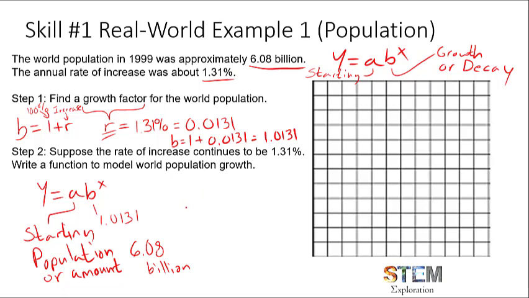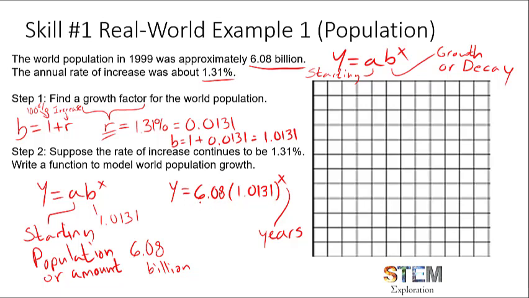And so if you want to make a function to represent the world population as the years progress, all we need to do is go y equals 6.08 times 1.0131 to the x power. And what this function represents is that after x number of years, we can model the behavior of the population based on these relative increases, right?